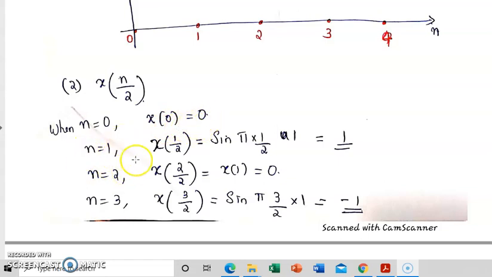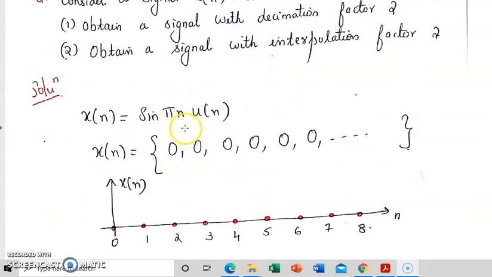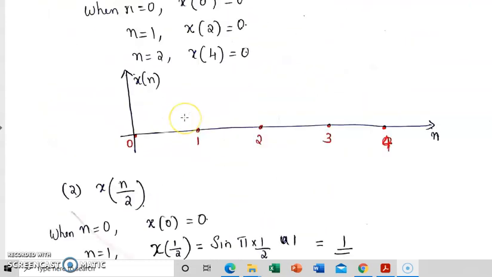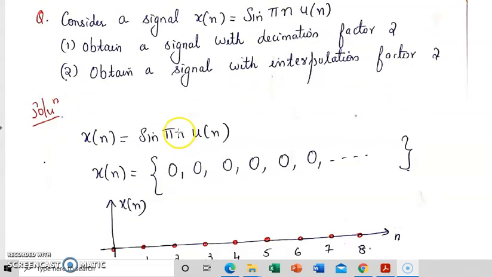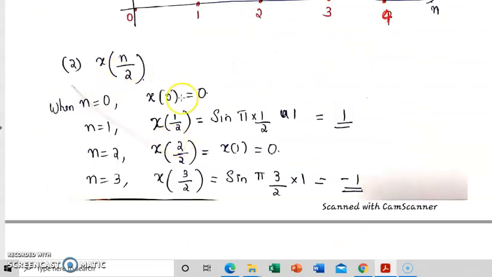When n is equal to 1, we have x of 1 by 2, which means we substitute n equal to 1 by 2, so instead of n it becomes n by 2. So we get sine pi by 2 into 1, which is 1. Next, when n is equal to 2, we get x of 2 by 2, which is x of 1, and x of 1 is equal to 0.